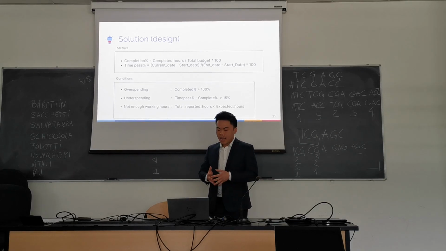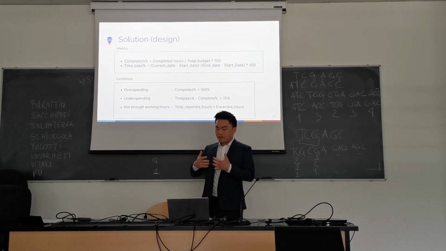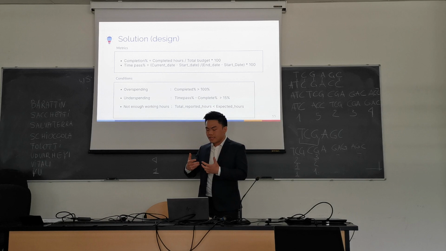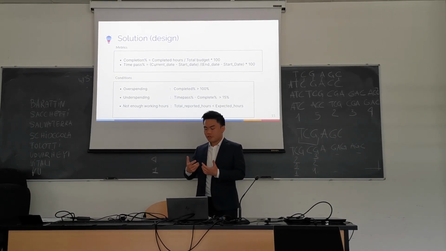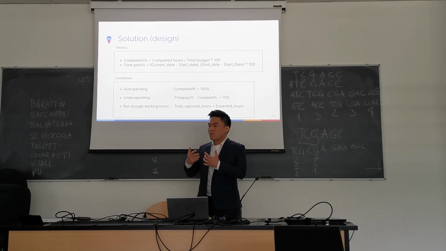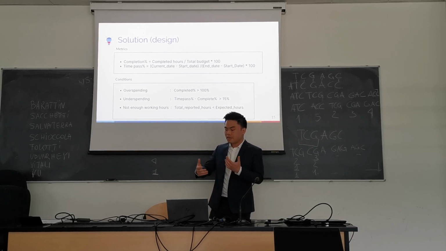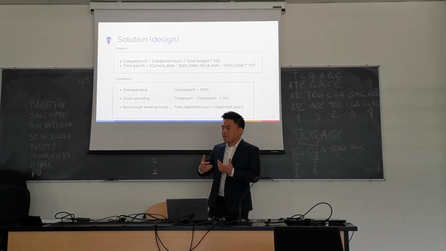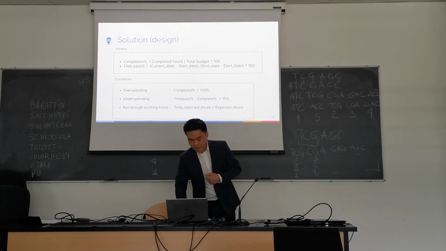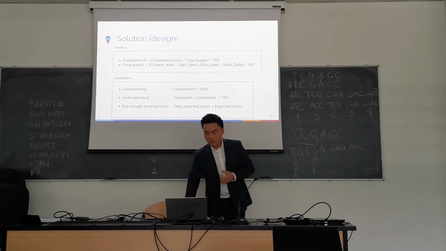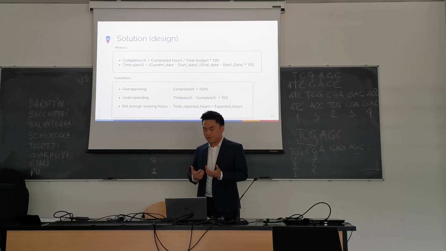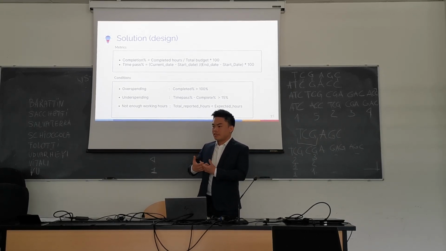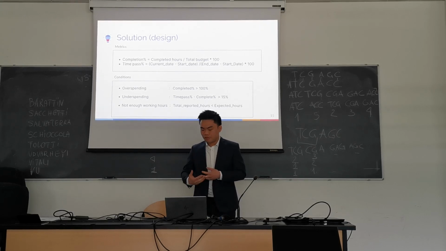And more importantly, I use it to identify if a task is underspending, which means the time pass rate is quite a lot more than the completion rate, so quite a lot of time has passed, but the progress is lagging behind. I can also identify the case when there are not enough reported working hours, when the reported hours are less than the expected total hours.